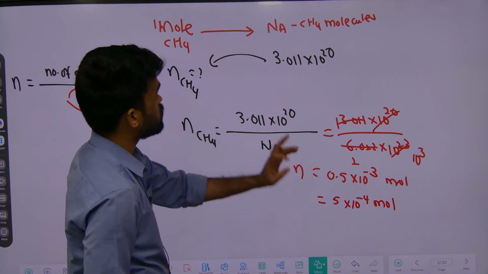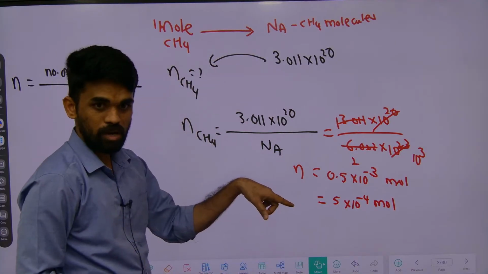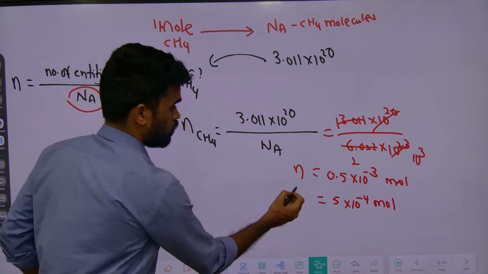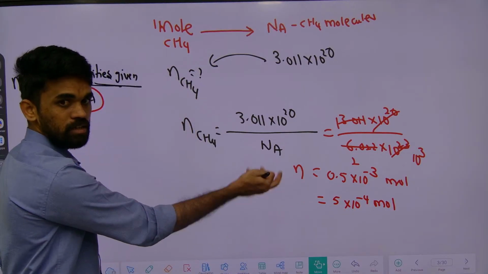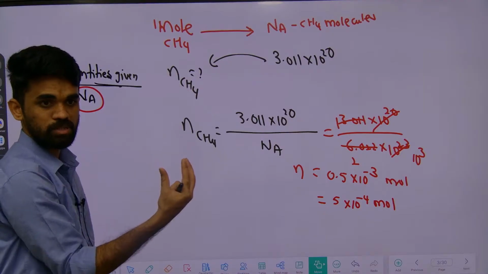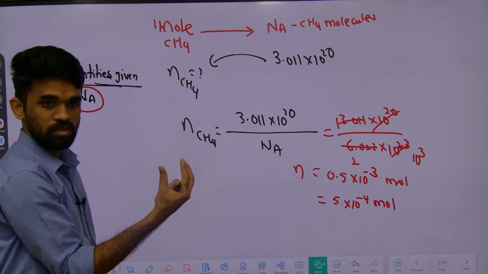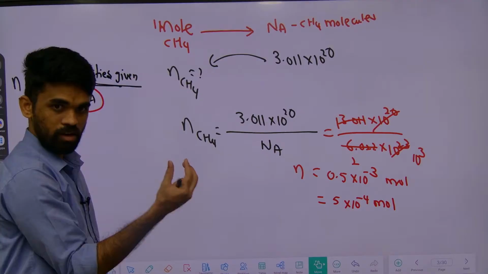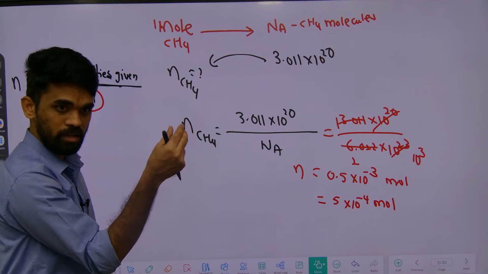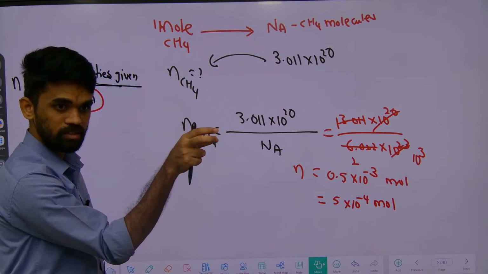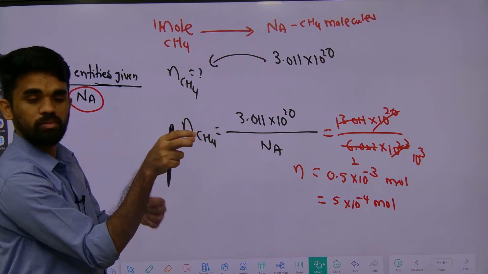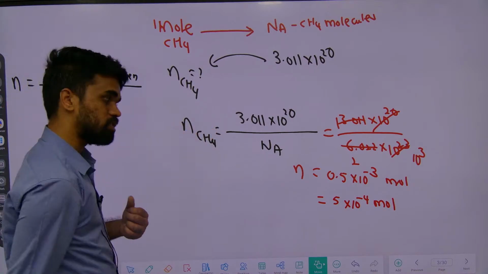Now my question is not about moles, I am asking about weight. So now number of moles is there. How to find the given weight of the substance? Number of moles equals weight by gram molecular weight. I am asking weight: moles into molar mass.